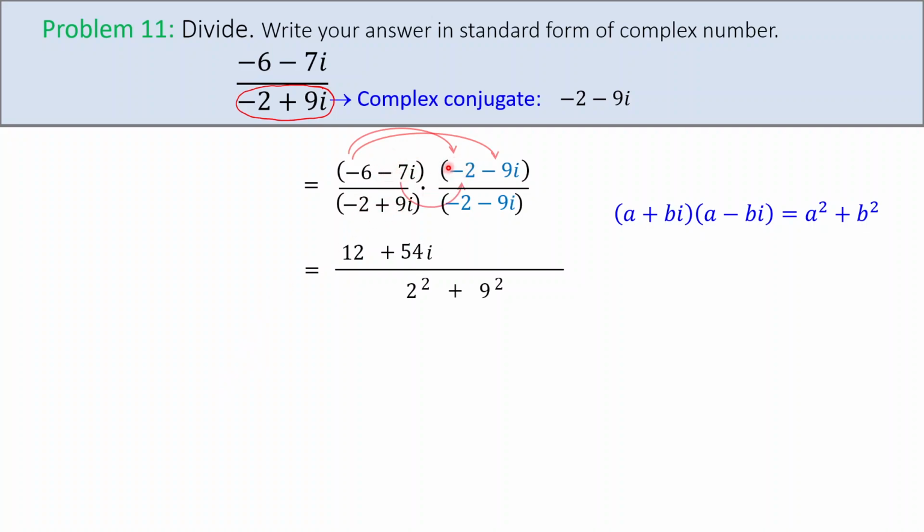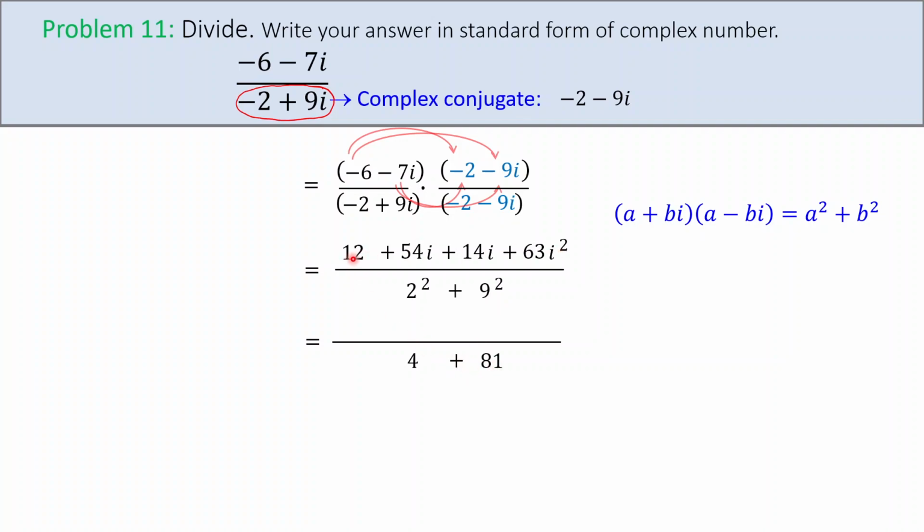Negative 7 times negative 2, positive 14 times i. Now this and this. Negative 7 times negative 9 is positive 63. i times i is i squared, equal to 2 squared is 4 plus 9 squared is 81.